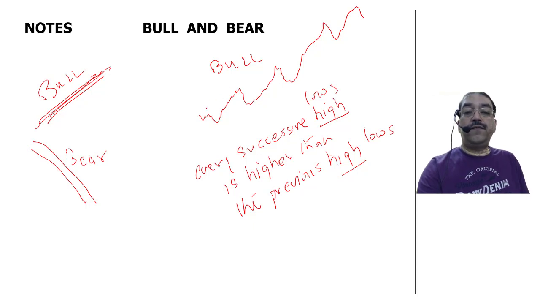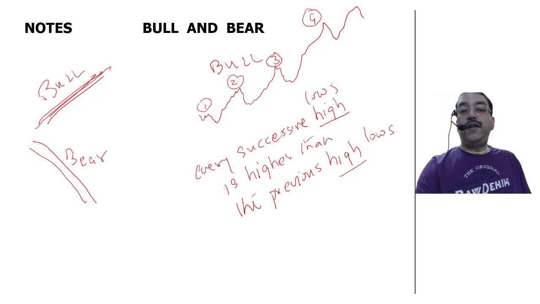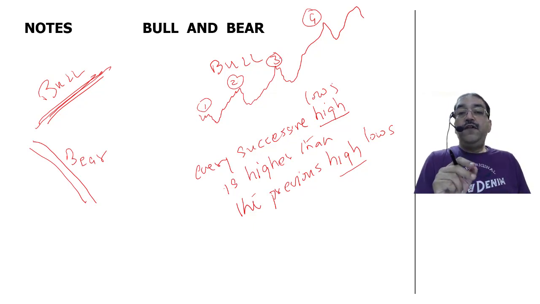This is the first height. This is the second height. This is the third height. This is the fourth height. Every successive height, 2 is higher than 1, 3 is higher than 2, 4 is higher than 3. So every successive high is higher than the previous high.